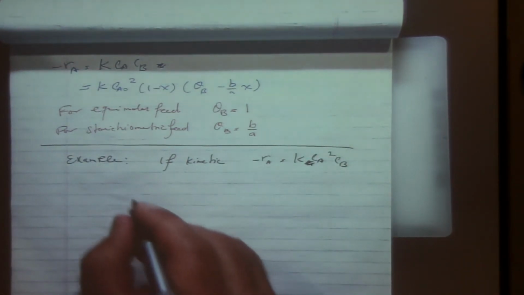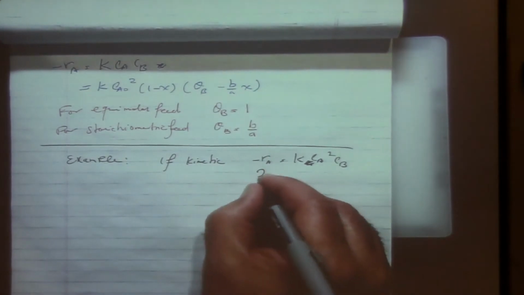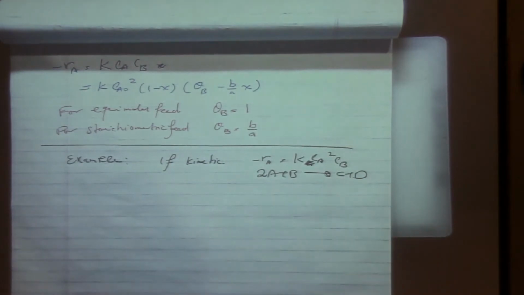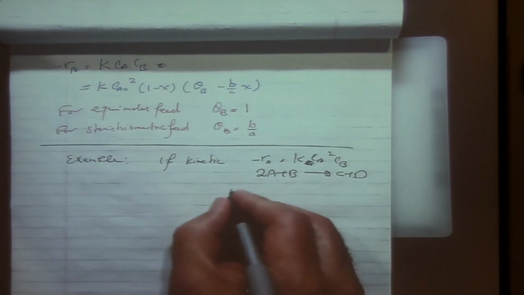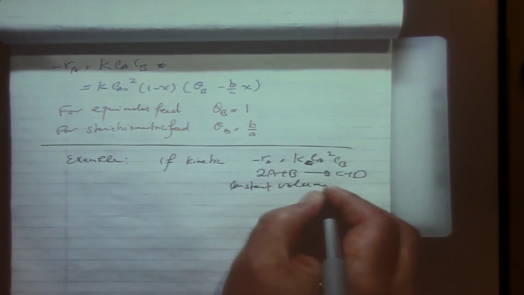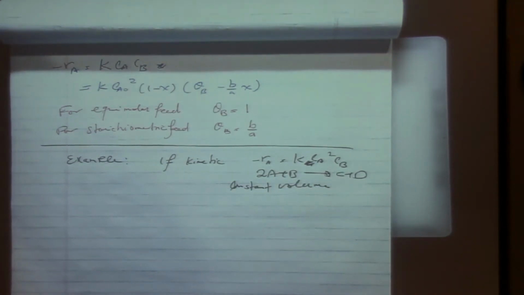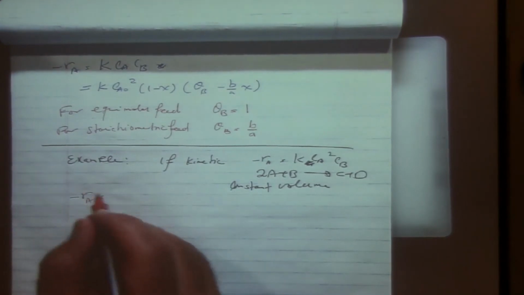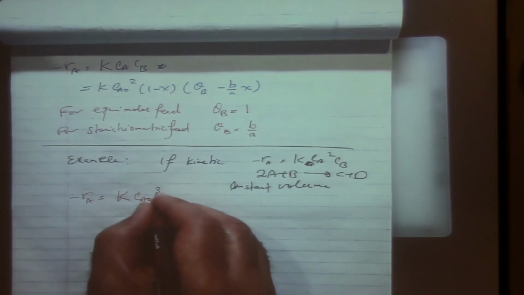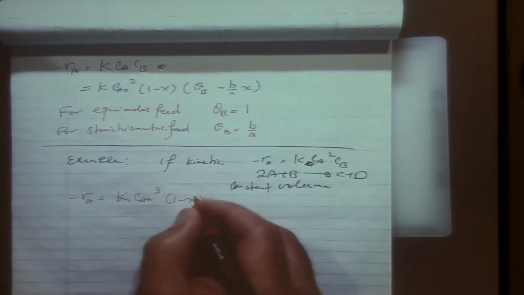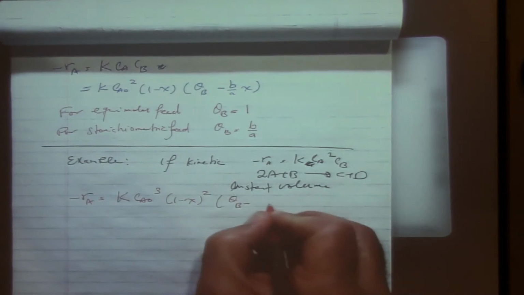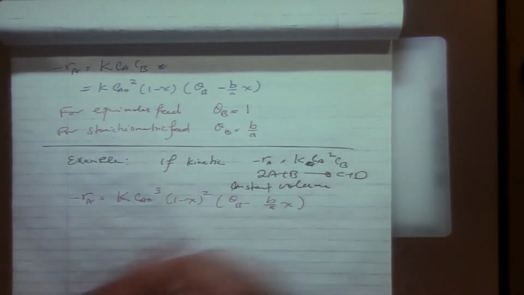Again, this is going to be the equation like 2A plus B gives us C plus D, and again we are dealing with constant volume for now. So your minus rA is k CA naught cubed (1 minus X) squared (theta B minus b/a X).